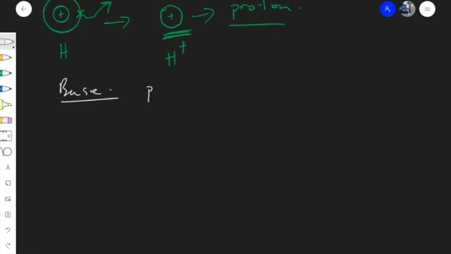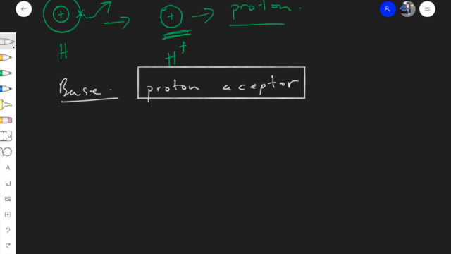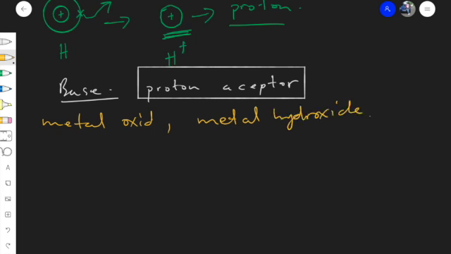It is important for us to know examples of a base. A base can be a metal oxide, a metal hydroxide, or a metal carbonate.